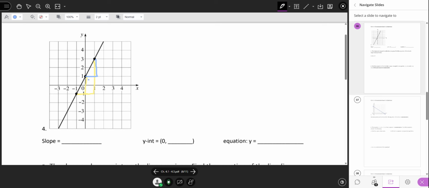It's over to the right 1 and up 2. Remember, slope is rise over run. 2 over 1 is the same thing as just 2.